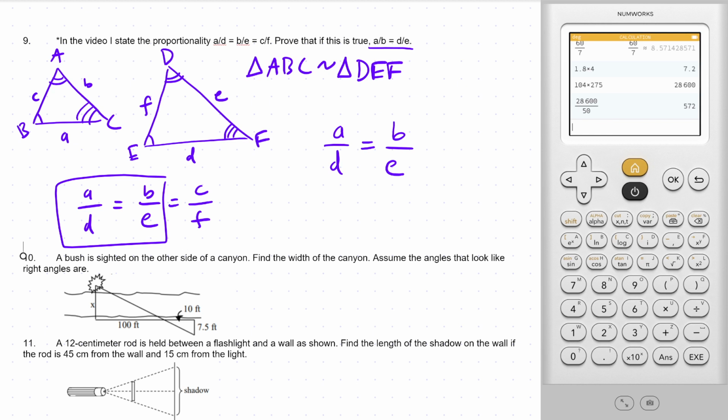and maybe I'll use colors, right? Instead of going A over D, I could go A over B. And in my other proportionality statement, D over E, using sides in the same triangle for each proportion, and that turns out to be equivalent.